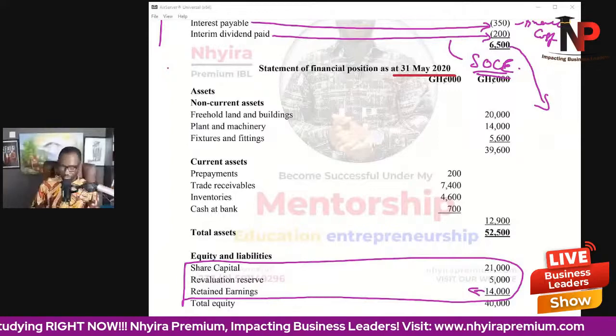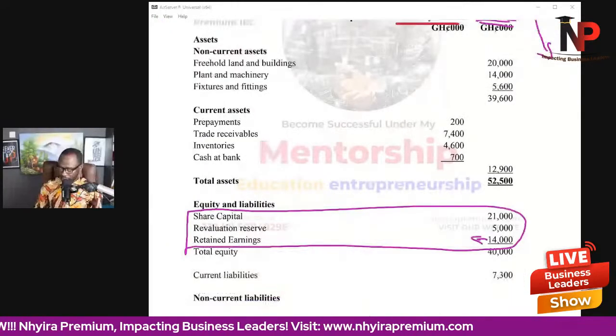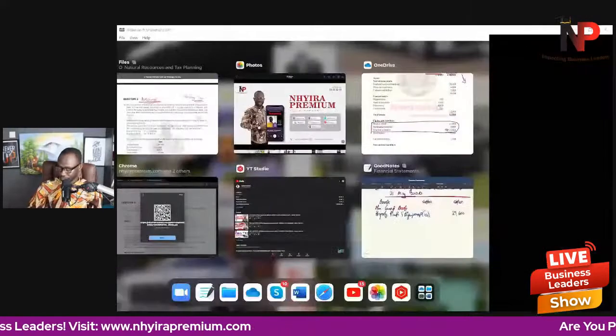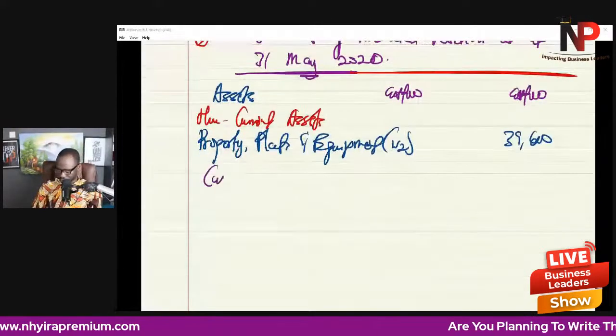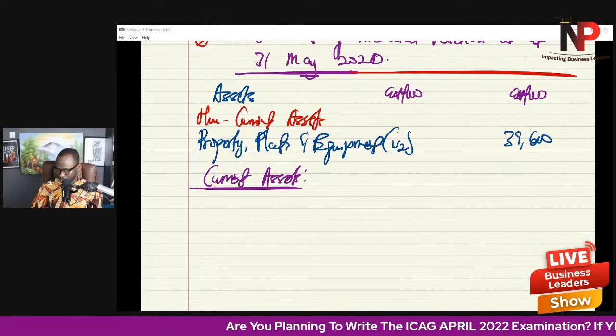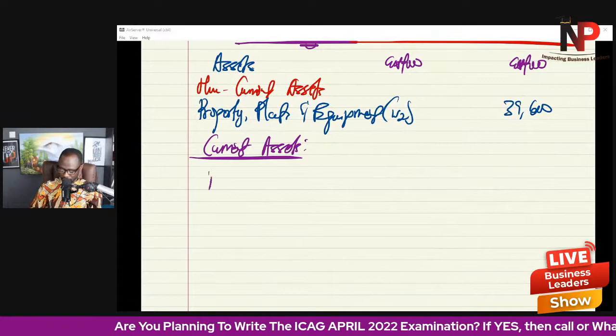Okay, so then we can go to current assets. As you can see, there are inventories, there are things there. So let's go current assets. So we bring in inventory.